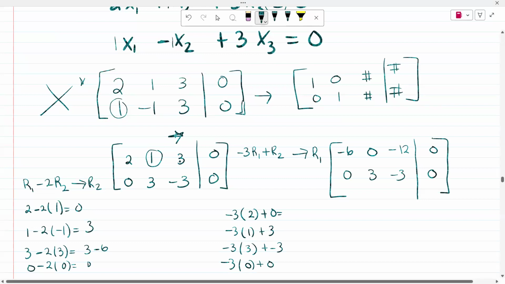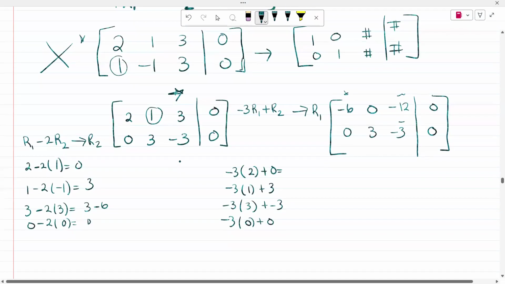Okay, now what I would do next is, so I think we're good. These numbers are fine as negative 12 and negative 3. So now I just have to make this number into a 1 and make this 3 into a 1. So we can multiply by scalars, and with scalars, you can do it one at a time, right?